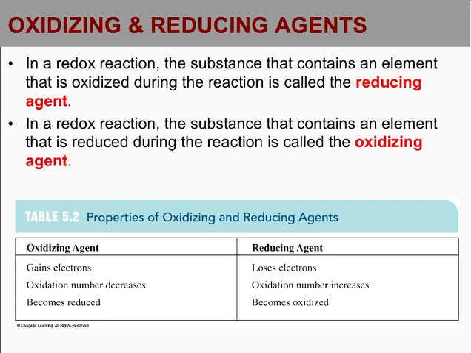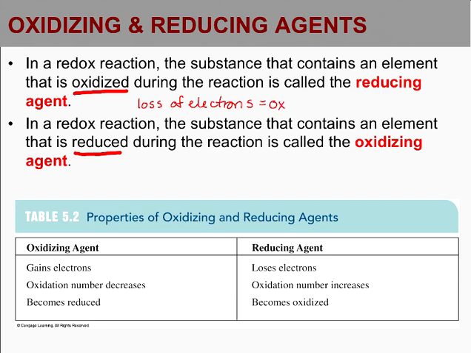So, one more thing with redox reactions. In a redox reaction, the substance that contains an element that is oxidized is called the reducing agent. And then the substance that contains an element that is reduced is called the oxidizing agent. So it's kind of flipped, right? So let's say that something loses electrons in a reaction.